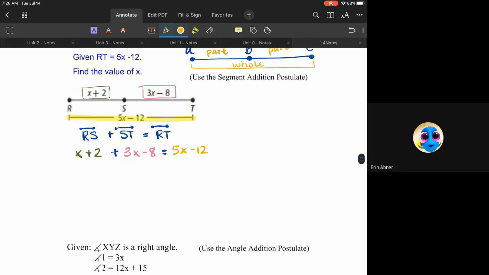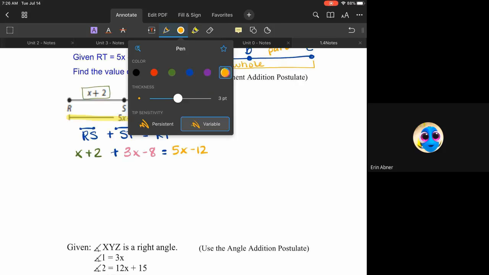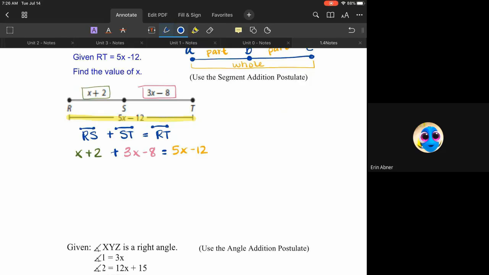Now that we have our entire equation out there, and we know that our parts have to equal our whole, what we are going to do now is use your algebra skills. Okay, so we're going to combine like terms.